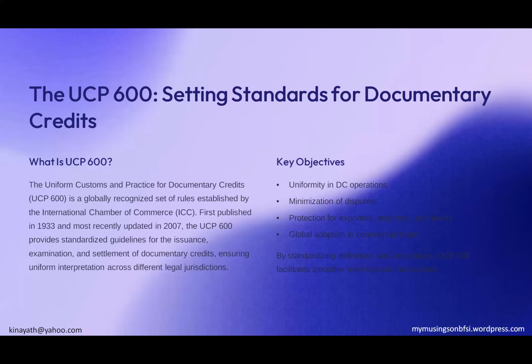The recent version was published in 2007 and it originally started from 1933. The key features or objectives of UCP is that standardized definition. It brings about uniformity in DC operations, minimization of the disputes, protection for the parties, and global acceptance of the letter of credit.